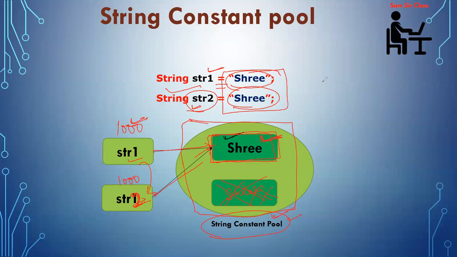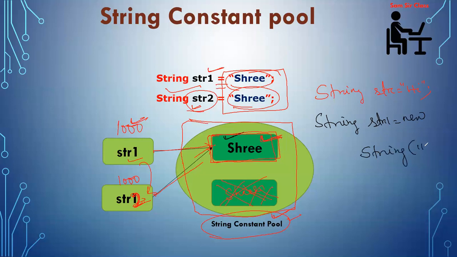Clear? Now here comes a very important question: if I am writing String str equal to hi, and I am writing String str1 equal to new String hi, what is the difference between these two? Clear?